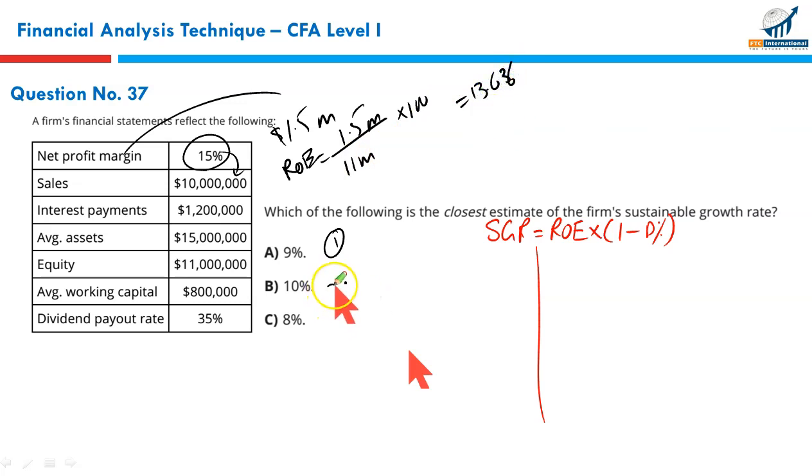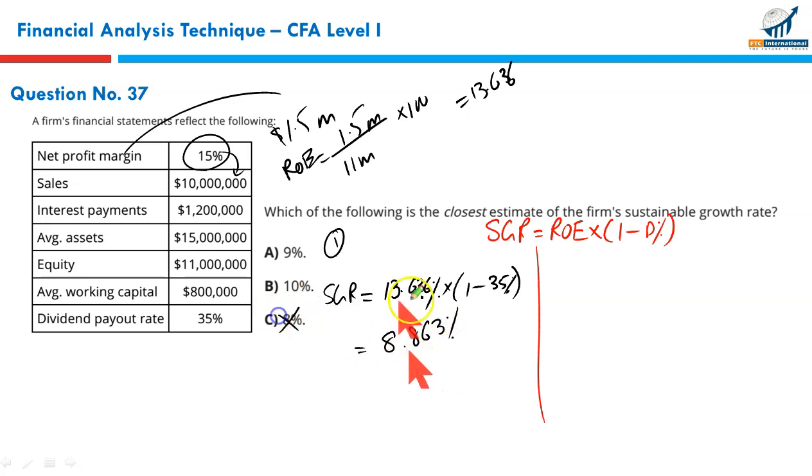So sustainable growth rate is equal to return on equity, that is 13.636, multiplied by 1 minus dividend payout ratio. Payout ratio has been given as 35%. This is the quick way to solve the question. 1 minus 0.35 times 13.636 gives you 8.863%. This is your sustainable growth rate, and it can't be 8, of course. Closest is 9. A.